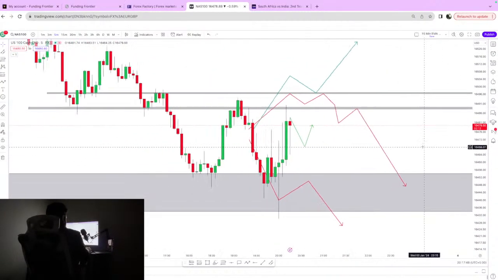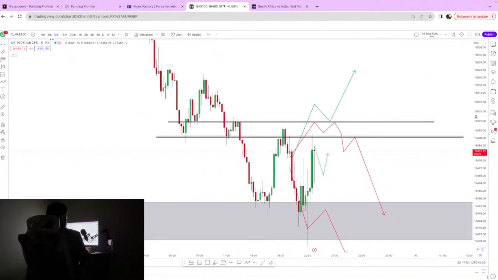As per me, Bitcoin was ready for a bull run, a very nice bull run.